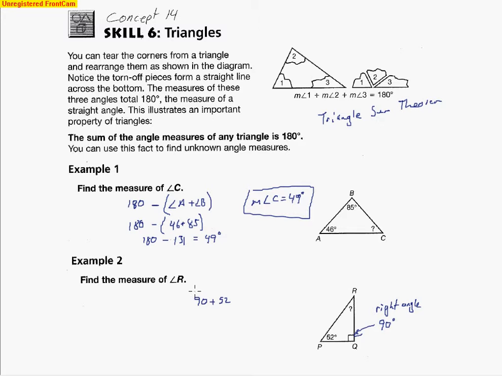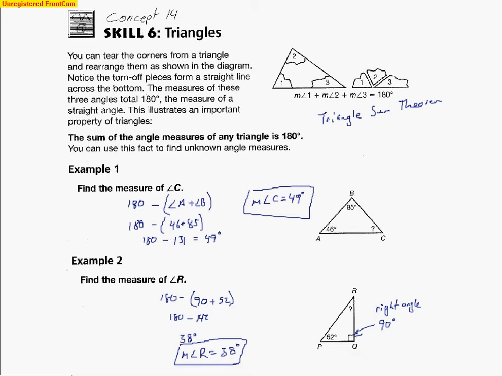And we're going to take that sum and we're going to take that away from 180 degrees because that's the sum of all the angles in a triangle. So when I go ahead and add these two numbers together, I get 142, and I'm going to subtract that answer from 180, and that leaves me with 38 degrees. So the measure of angle R is 38 degrees.